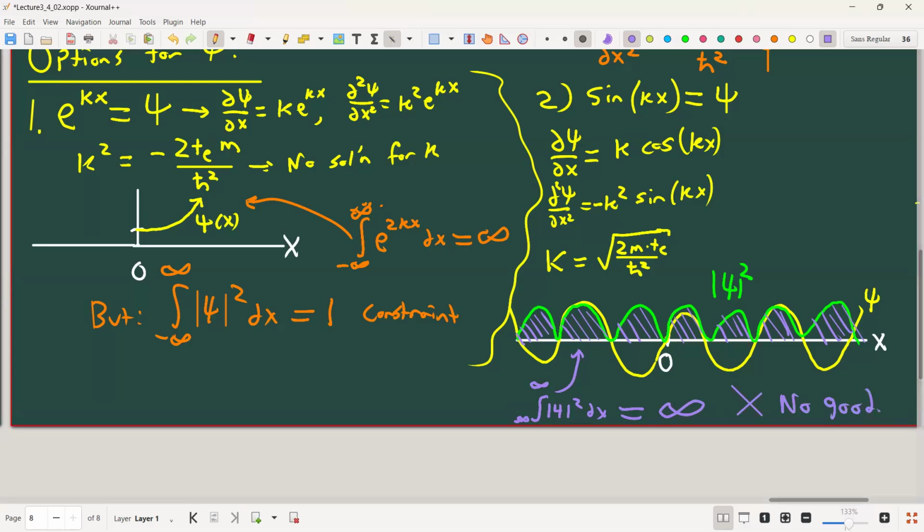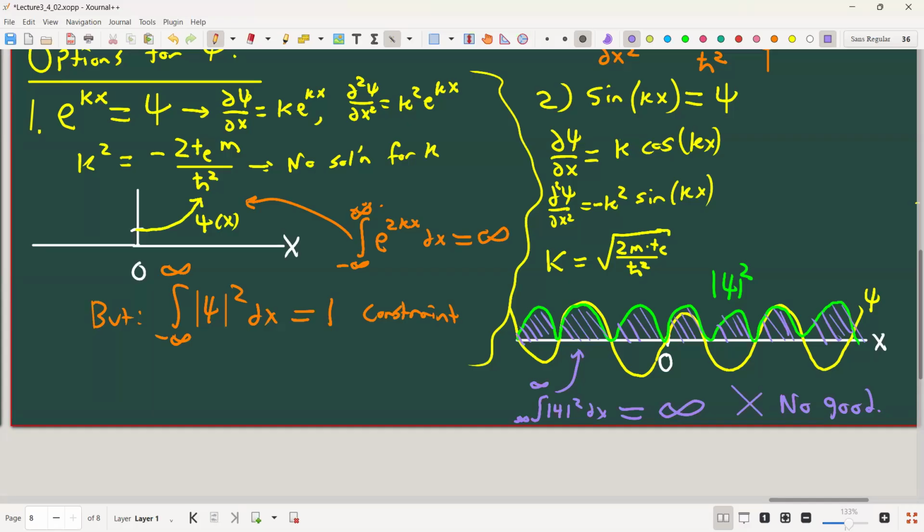Okay, so we found a function that satisfies our differential equation, the equation for the function. Second derivative is equal to the function, but it doesn't satisfy the integral property. Remember, the wave function tells you about probabilities. So the total probability of finding a particle anywhere has to be 1.